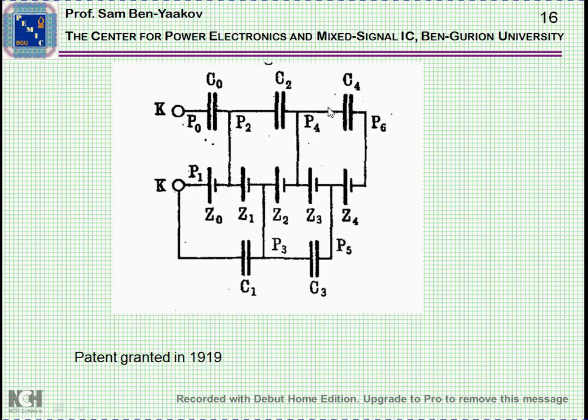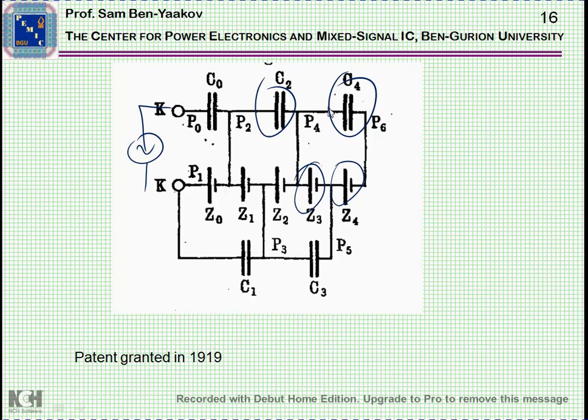And lo and behold, this is exactly the same circuit. Here are the capacitors. This is actually the diodes. At the time, there were no diodes, and he had to actually fabricate the diodes in his own lab, but the circuit is the same. This is the excitation in here.